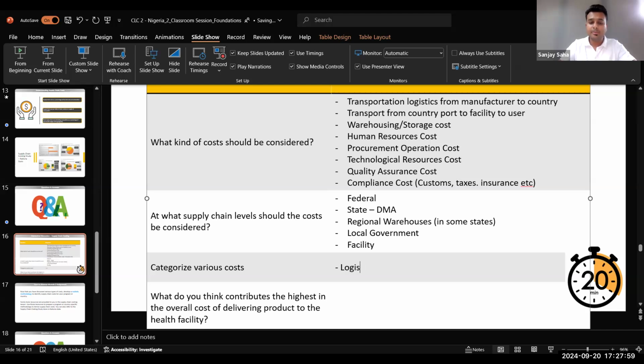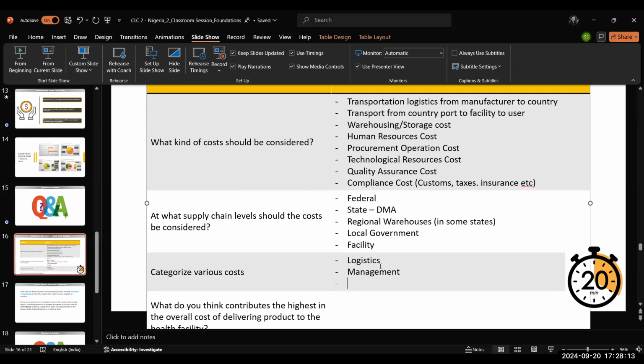Then Festus has written management costs. That's another category. So Festus, what is included in management? Can you explain? The management will talk about the personnel, the people that work around it, the operation cost. All these are supposed to be management costs, human resource costs.